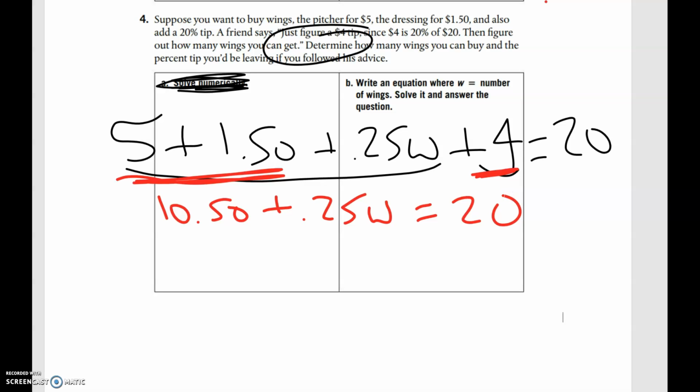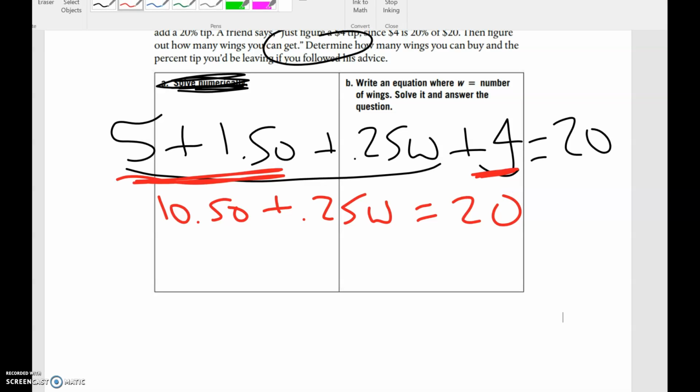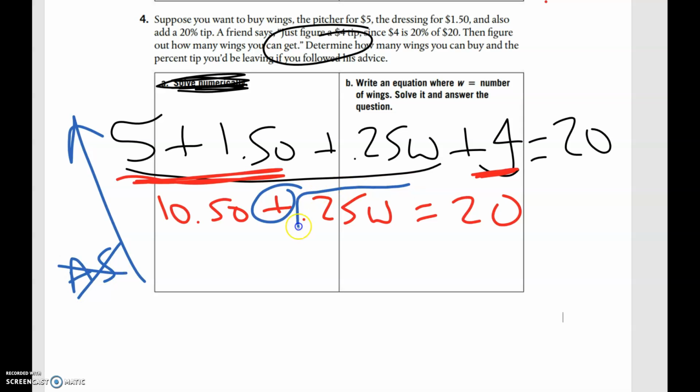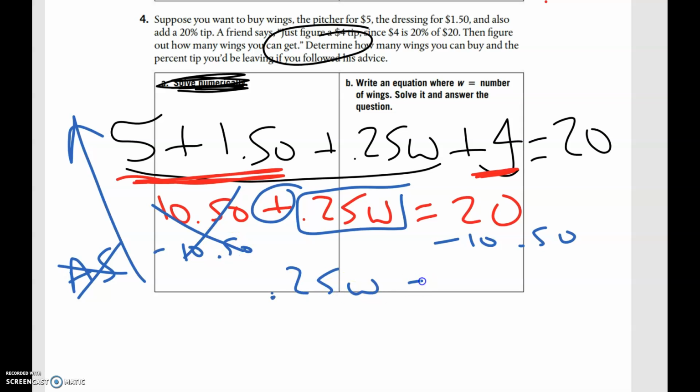Okay. So again, order of operations backwards because we are doing things in the reverse order. So I'm going to start with add and subtract and work my way back. Notice there's one adding, so you're only going to subtract once. And you want to have your variables on one side, numbers on the other. So I'm going to subtract that 10.50 to get that over to the other side. All right, so I have 25-cent wings equaling, what is that, 9.50?